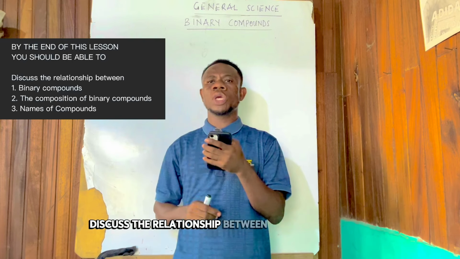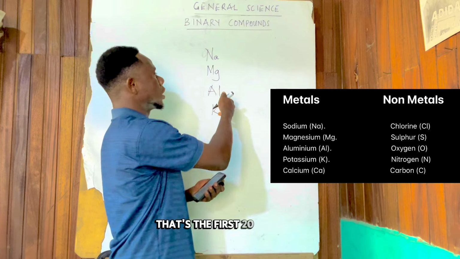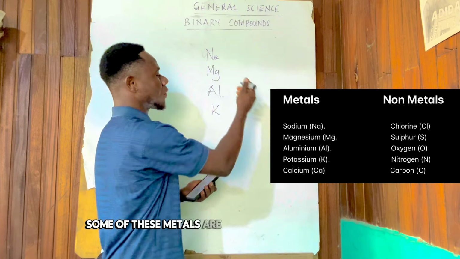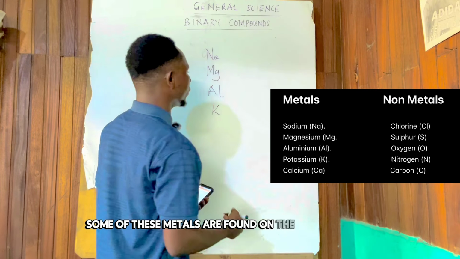Examples of metals, we have sodium, magnesium, aluminium, potassium. These are some examples of metals on the periodic table. That's the first 20 elements, some of these metals are found on the periodic table.